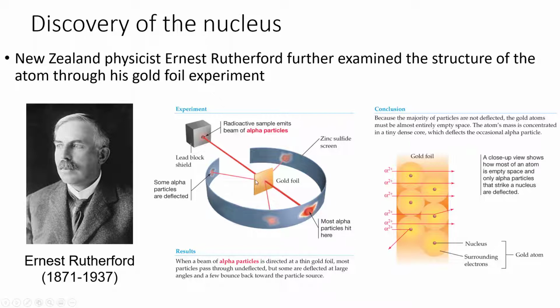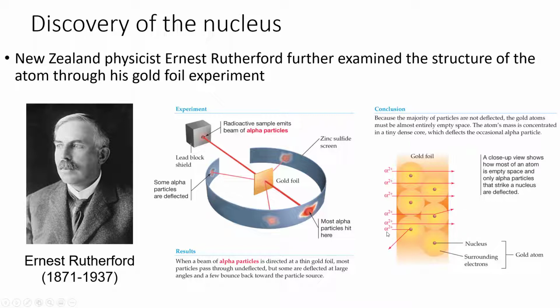We have this very thin layer of gold foil that's only a couple atoms thick. And as you pass these dense alpha particles through it, most of them are going to pass straight through the foil undeflected. Whereas every once in a while, some of them are going to glance off these very massive hard nuclei that we can think of as the bowling balls and be slightly deflected off course.